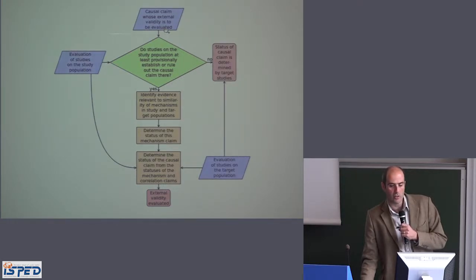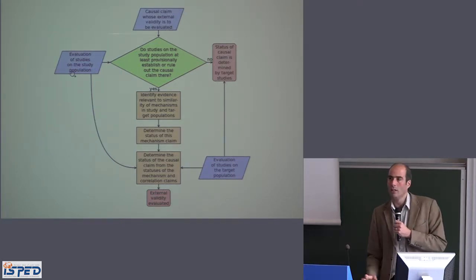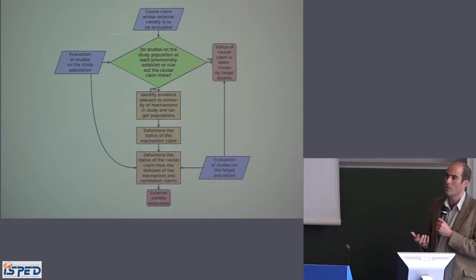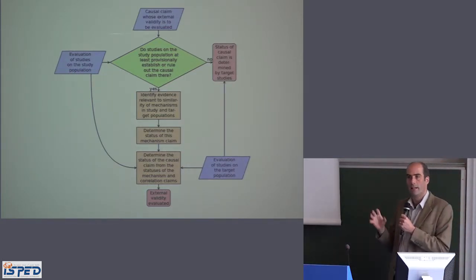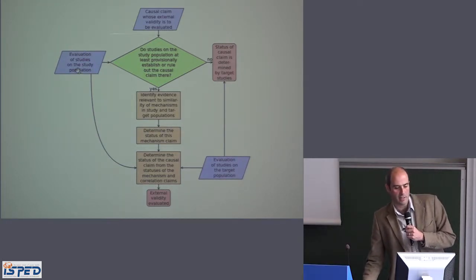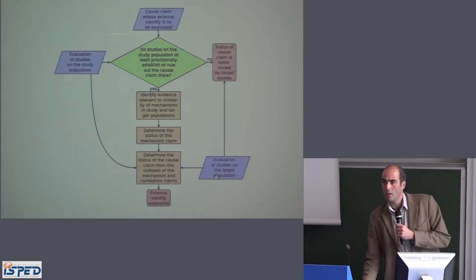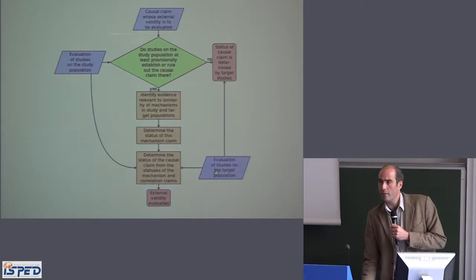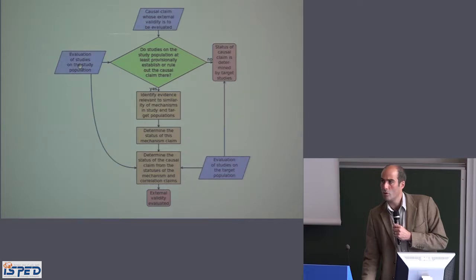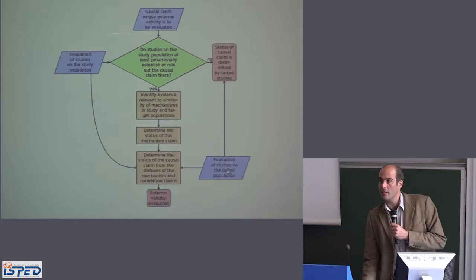So here you've got the causal claim that you're interested in the target population. You've got some different study population, and you've evaluated the clinical and epidemiological studies in that study population. You're trying to integrate the study population with further evidence on the target population. This tends to be relatively low quality evidence. You've got good enough evidence to establish causation on the study population, but your evidence directly on the target population isn't enough on its own.